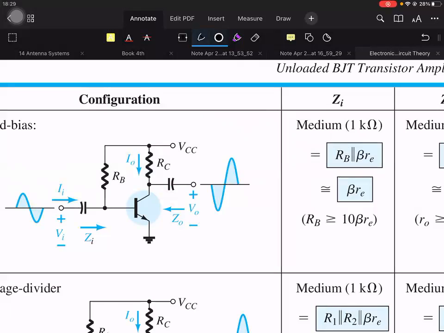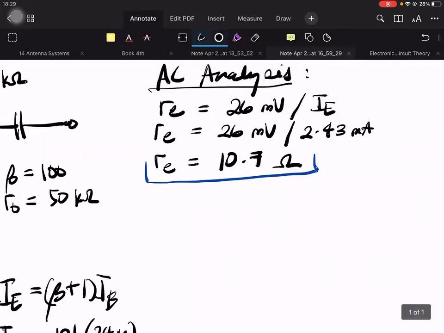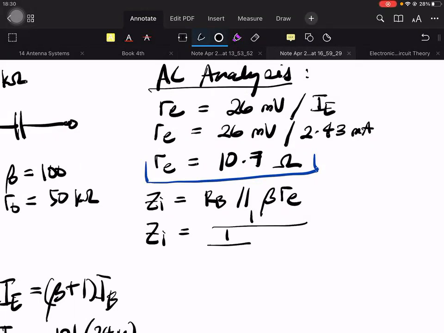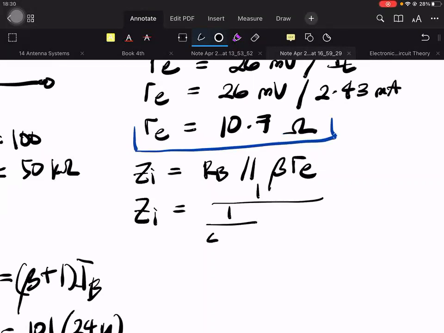Or you can use the approximation if the condition is satisfied. But if you have two sets of solutions, just use the direct one, as it is more accurate. So ZI is RB parallel beta RE. So 1 over, 1 over how much is RB, given as 470K, plus 1 over beta, which is 100, times RE, which is 10.7.